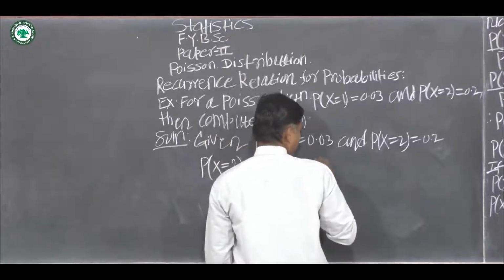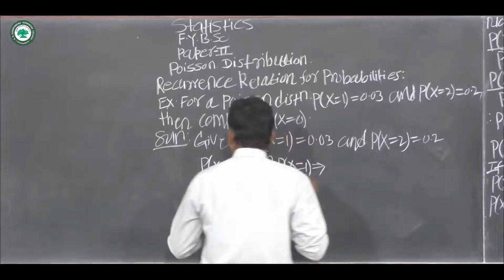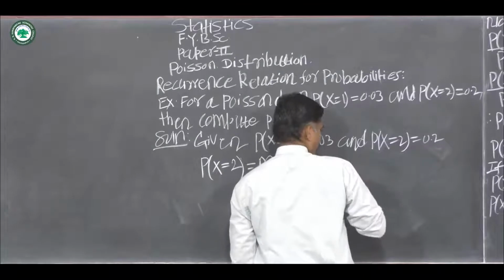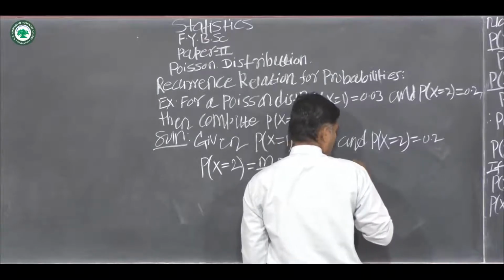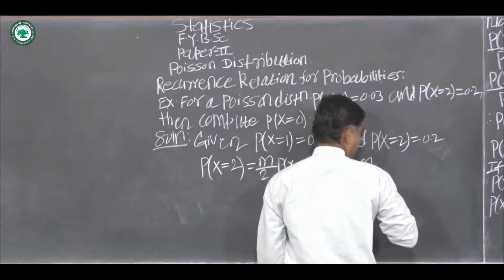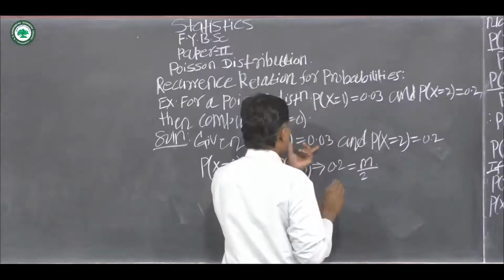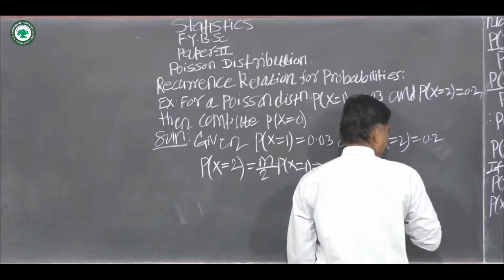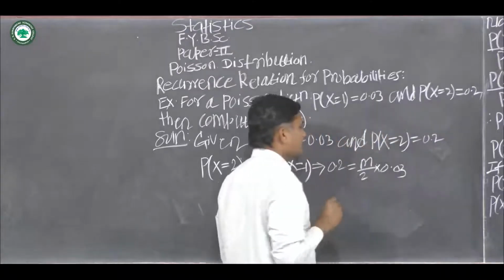This implies that probability of x equal to 2, which is 0.2, is equal to m upon 2 into probability of x equal to 1, that is 0.03.